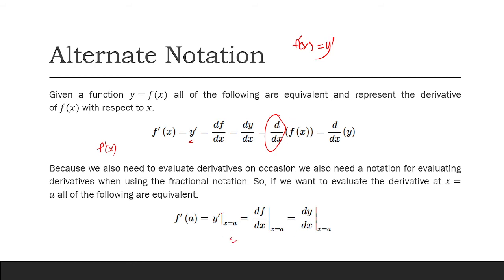Nilalagay natin is this straight bar, and then x is equal to a. So, sabihin nito, after finding the derivative, you will evaluate the function by substituting a into your derivative. Ibig sabihin, papalitan natin yung lahat ng x ng a. So, that's y prime, tapos evaluate natin siya at x is equal to a.